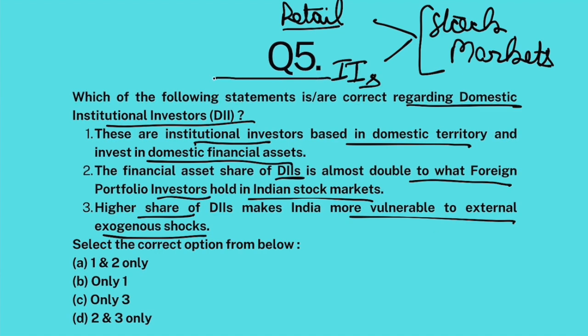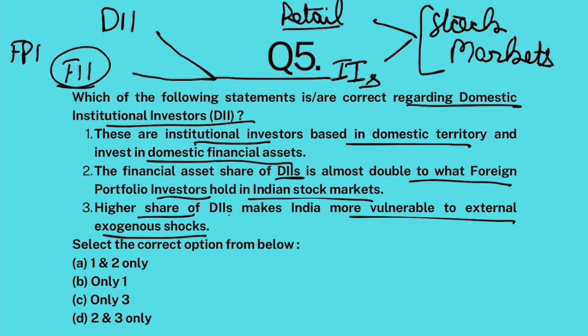Now, these institutional investors, if they are based out of India, are called domestic institutional investors, like Indian mutual funds, Indian insurance funds, Indian banks. And if they are based out of foreign countries, they are called foreign institutional investors. Now, for simplicity, these foreign institutional investors are also known as foreign portfolio investors. So in the Indian stock market, there are three kinds of investors: retail investors, DIIs, FIIs or FPIs.